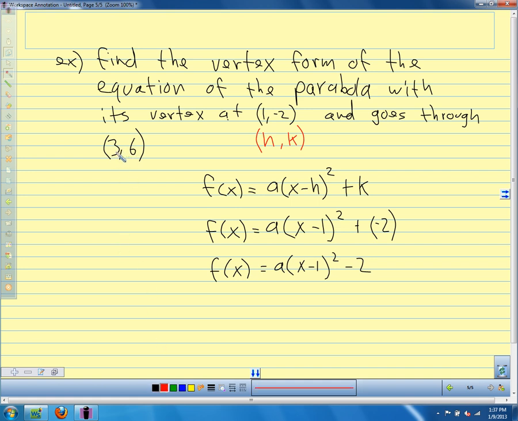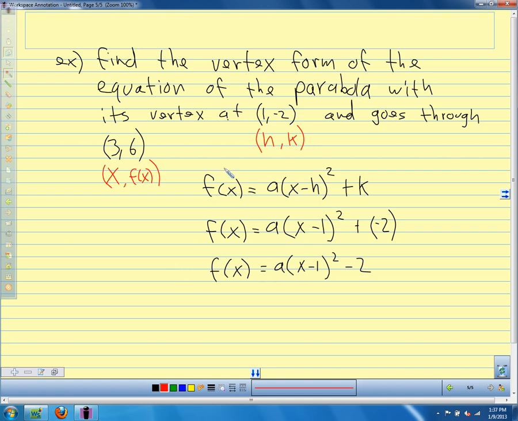What is the 3? 3 is x, and 6 is y, which is another name for f of x. So we have x and we have f of x. That's our point there. So now we can plug our point into this.